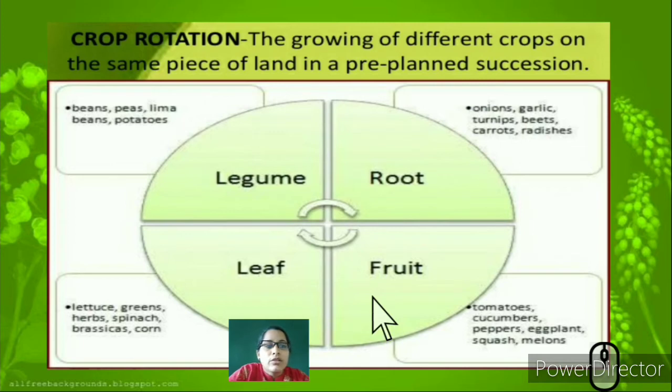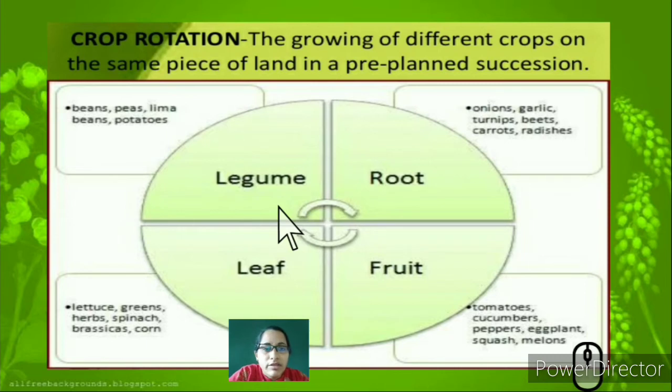So fruits like tomatoes, cucumbers, peppers, eggplant, squash, melons, etc. Then after this fruit season is over, green leafy vegetables like lettuce, greens, herbs, spinach, corn, etc. are grown. Again once this pattern is over, it's again a cycle, that is, next again a legume crop is grown.